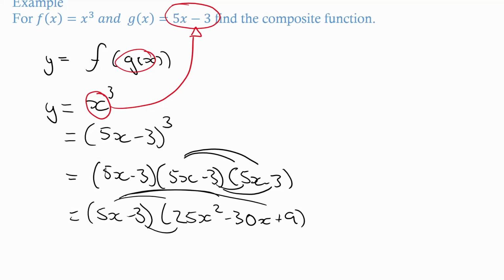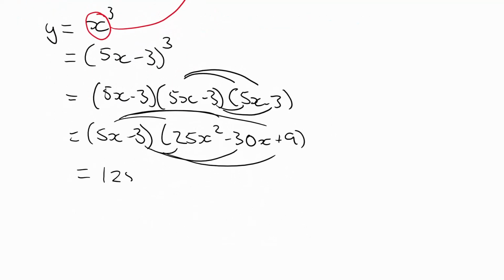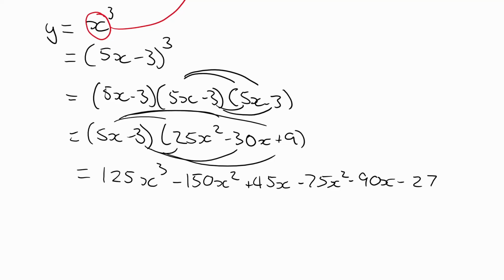We would multiply each of these, and we end up with 125x cubed minus 150x squared plus 45x minus 75x squared minus 90x minus 27. And then you just combine your like terms, and eventually you'll get down to 125x cubed minus 225x squared minus 45x minus 27.